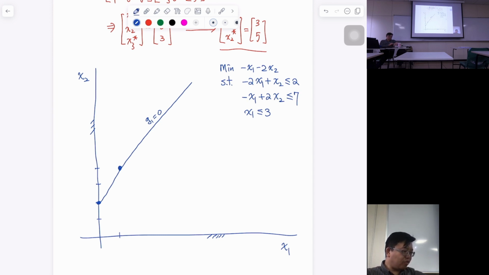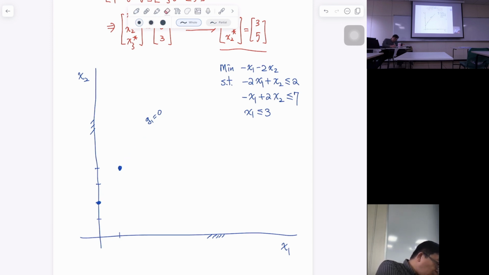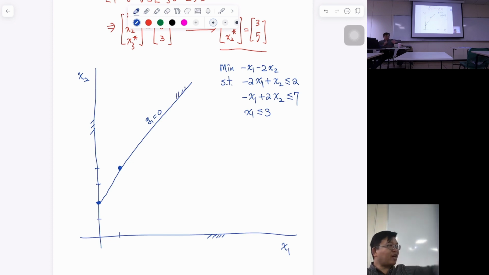When you plug in 0, 0, it's feasible. So the wall is like this. Everything above this line is infeasible. Only at the bottom is okay. This is your first inequality constraint.